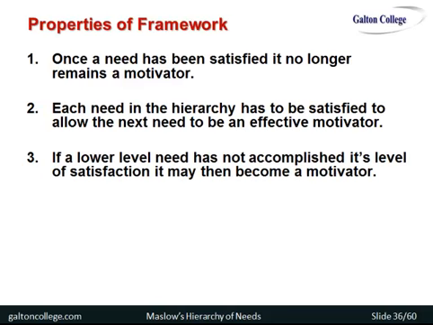If a lower level need has not accomplished its level of satisfaction, it may then become a motivator. So, in a sense, if the person is unhappy with his or her remuneration, let's say, then that remains the motivator. They don't move to the next level.